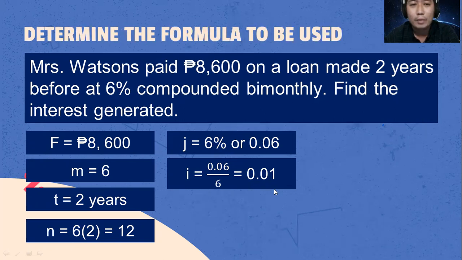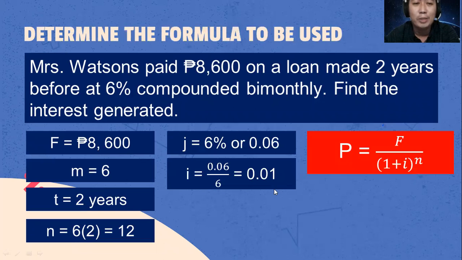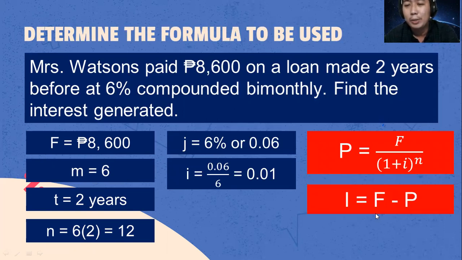Okay. So what are the formulas to be used? Since we are looking for the principal amount, we are going to use this formula. P is equal to the maturity value over the quantity of 1 plus I raised to N. And of course, we are going to use I is equal to F minus P. That could be how to solve the value for the interest.